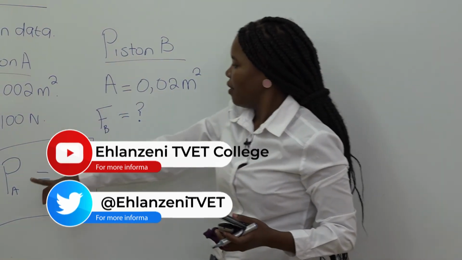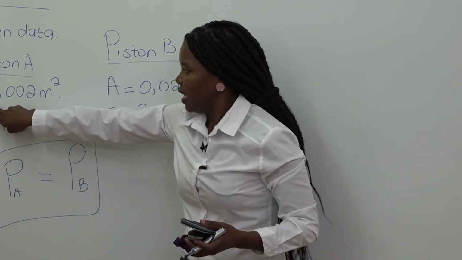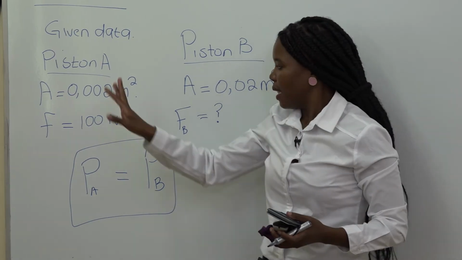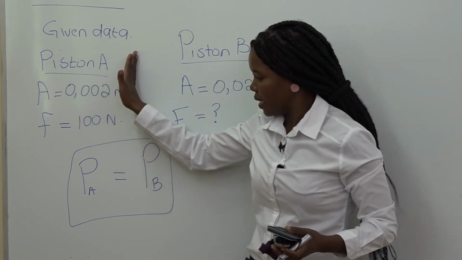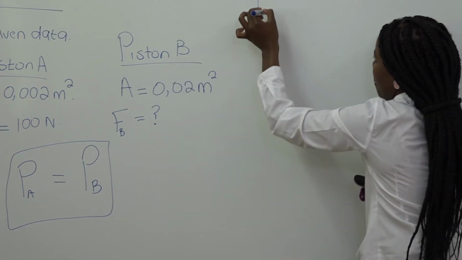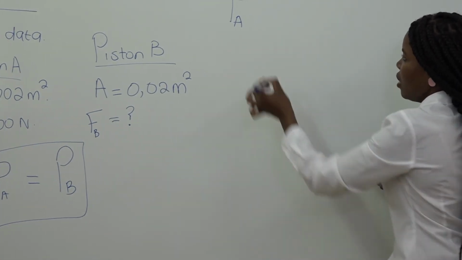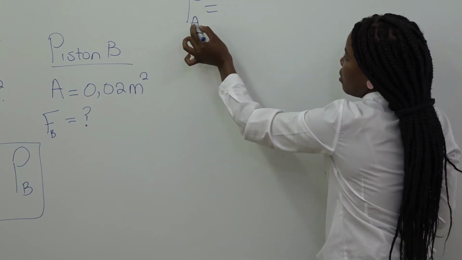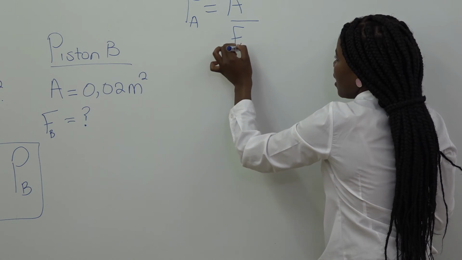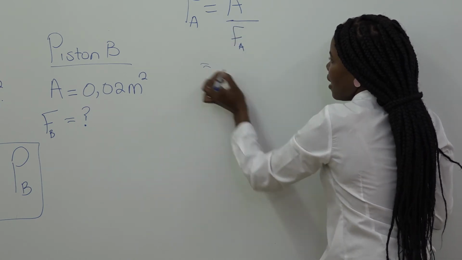Now remember, we're supposed to calculate the force that is being exerted at piston B. Since we have the area of piston A and the force of piston A, we can calculate the pressure being applied at piston A. So the pressure PA is equal to the force applied over the area.